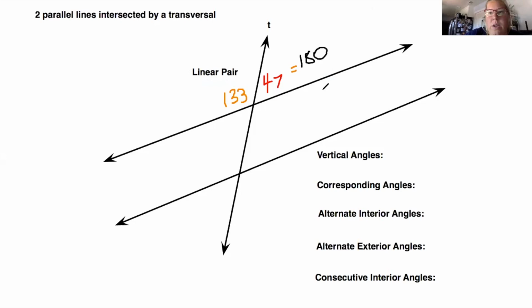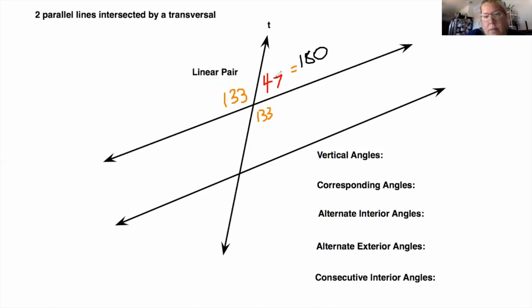So we've known for a while that linear pairs add up to 180 degrees. Now we have, with all of these angle theorems that we just talked about, we already knew that these are vertical angles, they're straight across from each other. So if this equals 133, this has to equal 133.